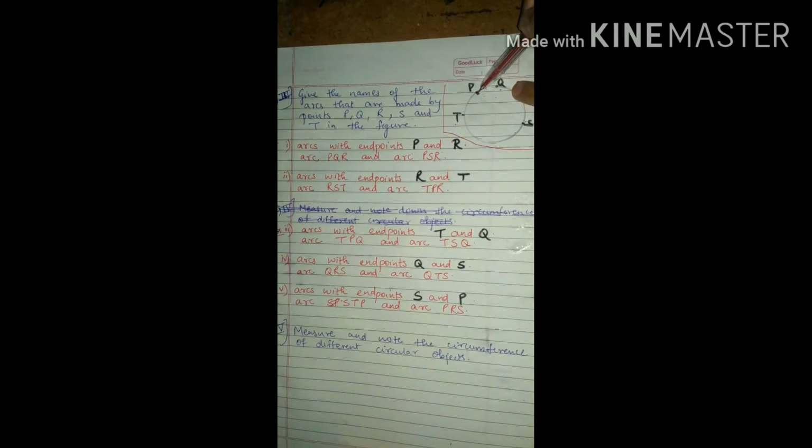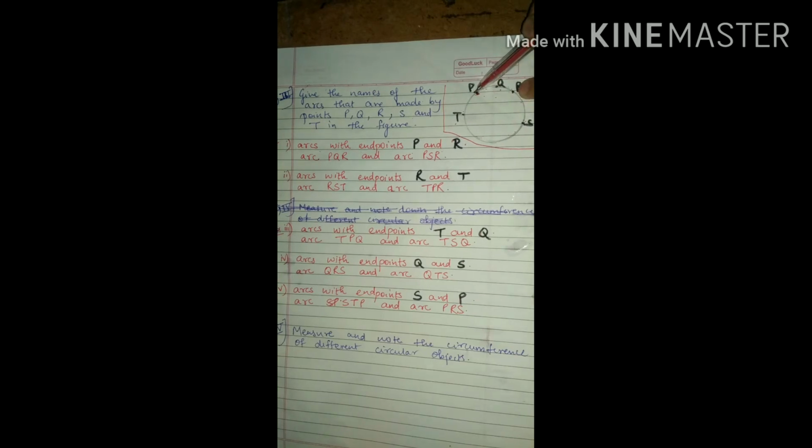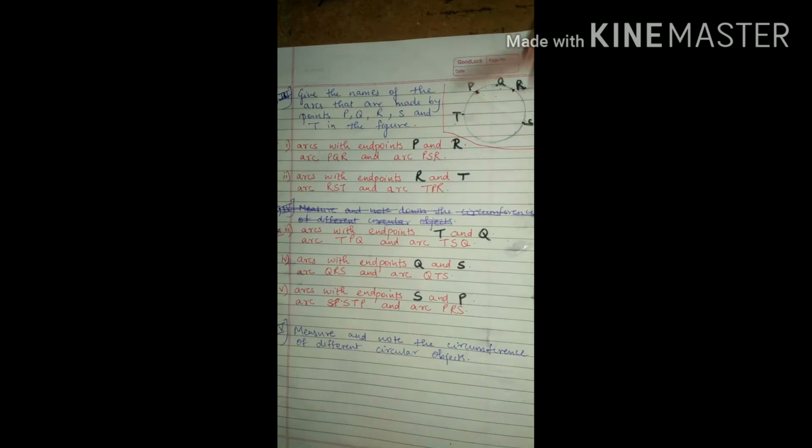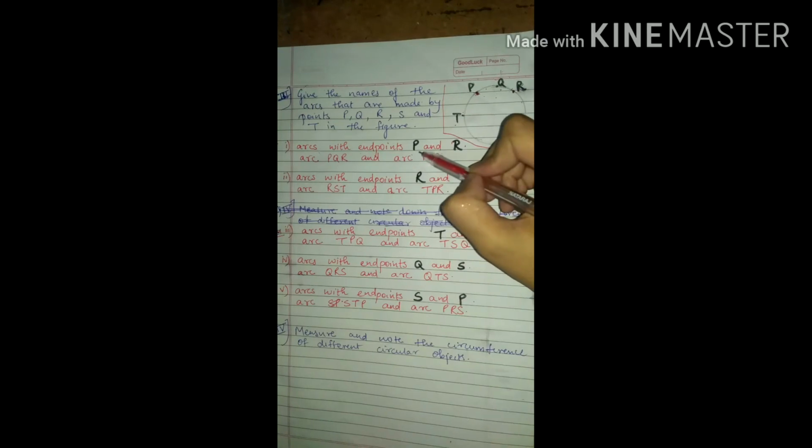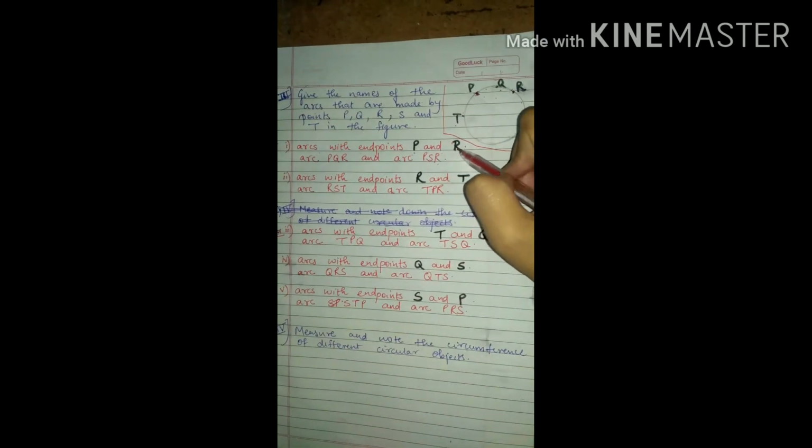One arc is PQR, and the other arc is PSR. So two arcs are formed with the end points P and R.